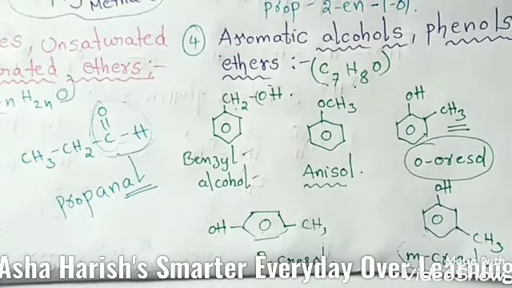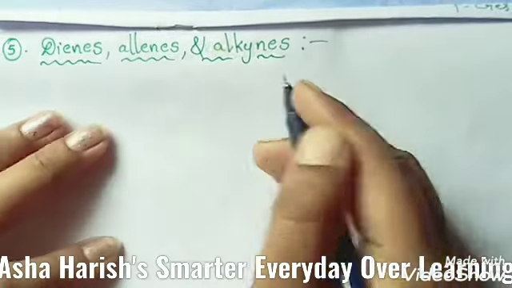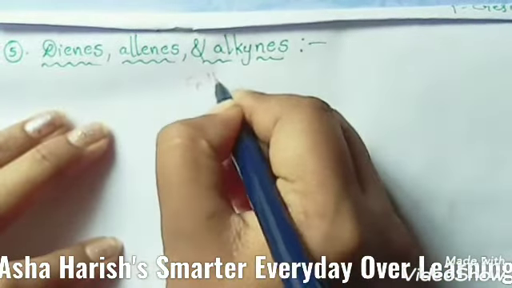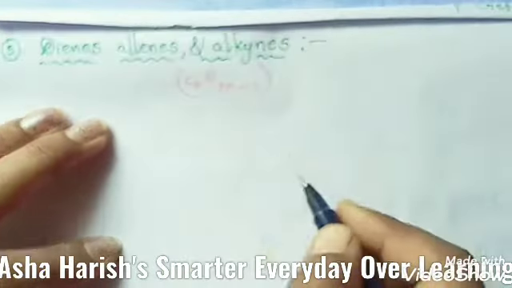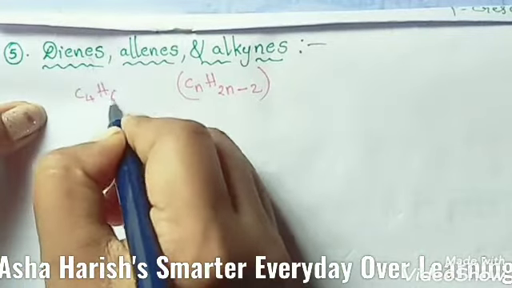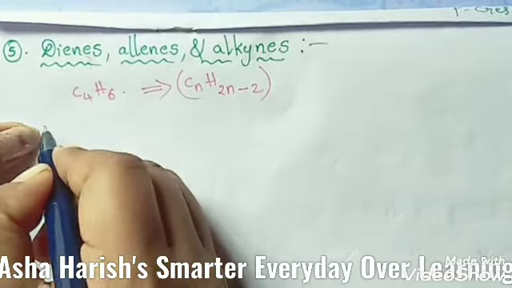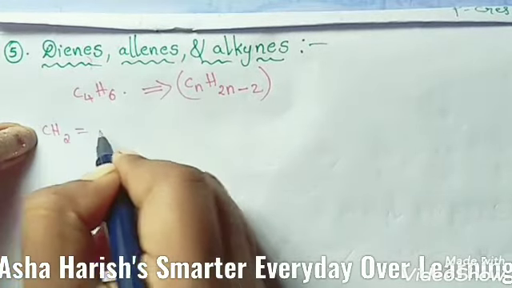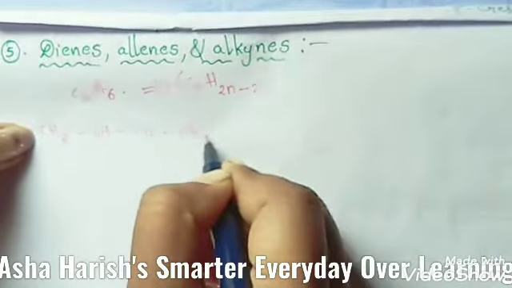Let's see number 5. Dienes, allenes and alkynes. The general formula is CnH2n minus 2, which shows the functional isomerism. For example, C4H6. According to this general formula, C4H6, you represent CH2 double bond CH, CH double bond CH2.